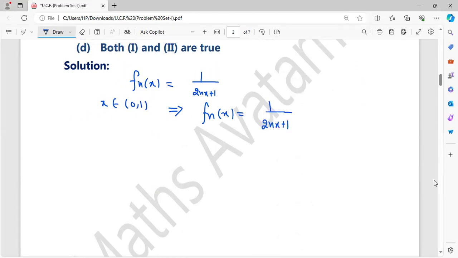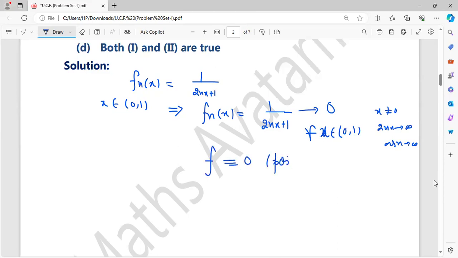Where will it go? Because x is non-zero, 2nx will go to infinity as n tends to infinity. So where will it go? It will go to 0. So for all x belonging to the open interval (0, 1), the limit is 0. It means the pointwise limit is 0.